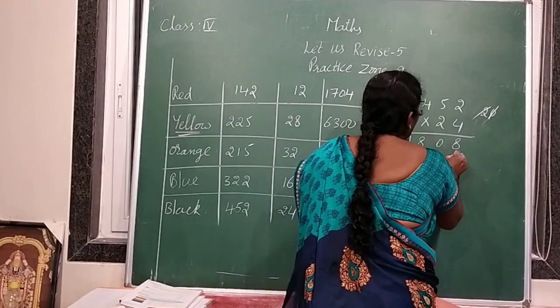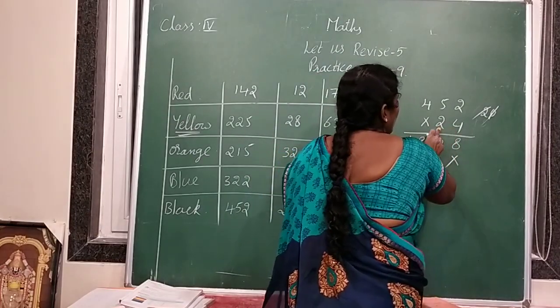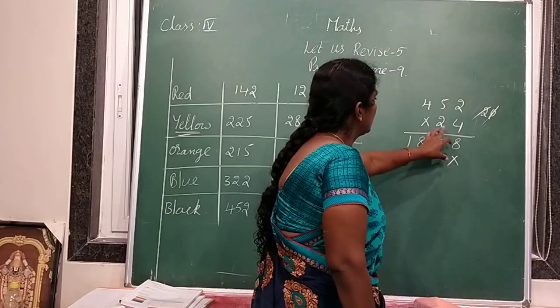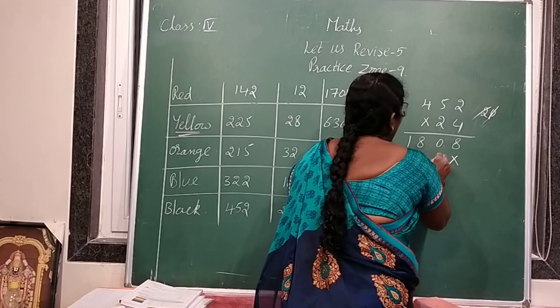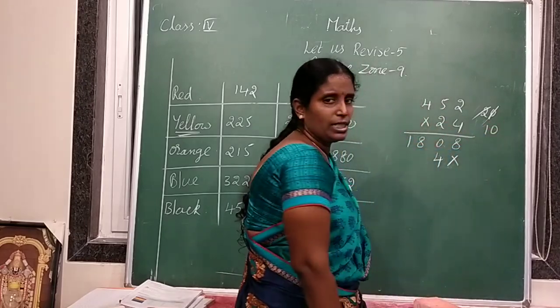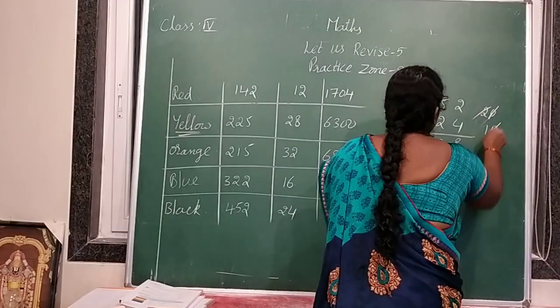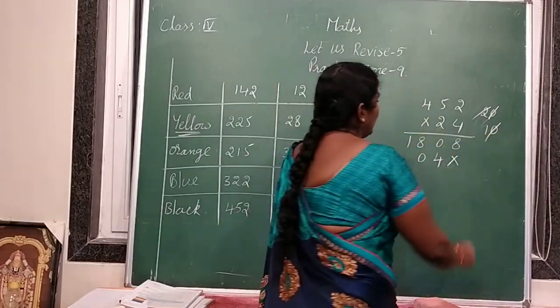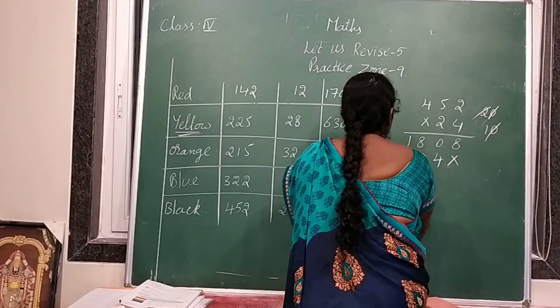Next, multiplication by 2. 2 is in tens place, so put it under ones place. 2 twos are 4. 2 fives are 10. Again 2 digits are there, so cancel 0 and write down. 2 fours are 8 plus 1 is 9.